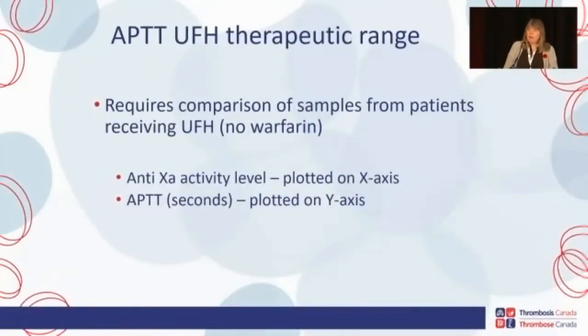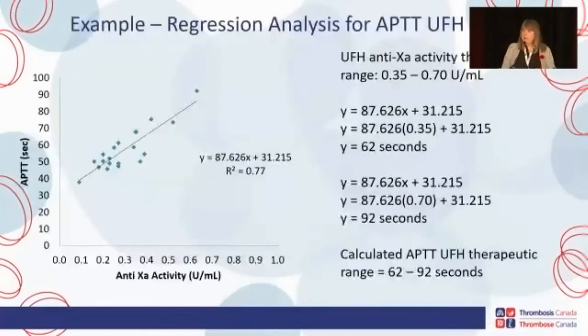So developing an unfractionated heparin therapeutic range does require that we take patients who are only on unfractionated heparin. So they're not on warfarin or any other anticoagulant. And we run unfractionated heparin anti-10A levels, and we run the PTTs.